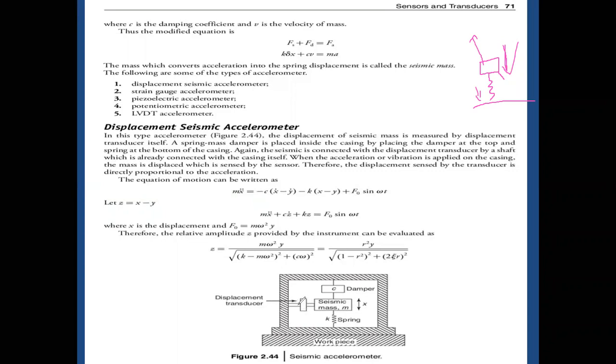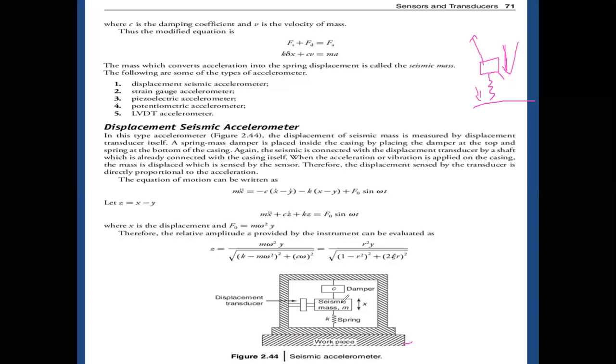Okay, by this shaft. Whenever we give any deviation or deflection to the workpiece, we need to calculate the acceleration of the workpiece. In that situation, the accelerometer, the entire equipment, is mounted on the workpiece which is to be measured. Obviously, whenever the workpiece moves, the casing also moves along with it.